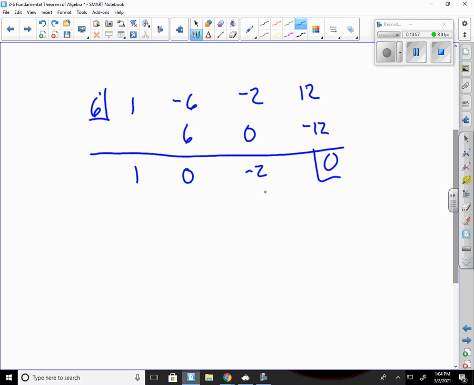Now, I start with negative 2. That's my constant. Then I go up a power of x each time. 0x to the first, and that's a plus, and then x to the second with a 1 in front of it. Since it's a 1, I don't have to write it. Since this is 0x, it disappears. I have x squared minus 2 equals 0. Now I can do this from here. All I have to do is add my 2 to the other side. X squared equals 2.